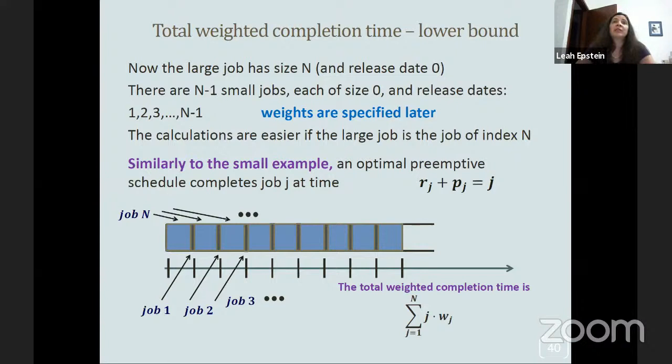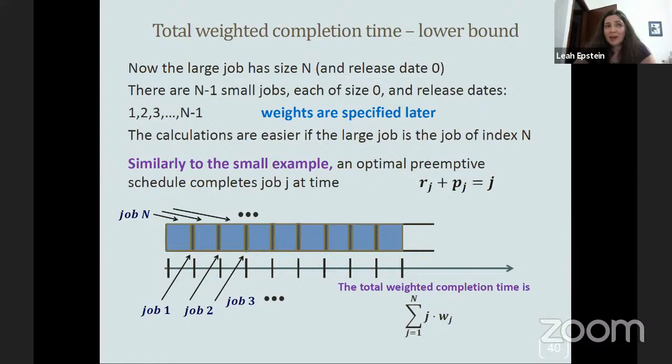So it is released at time 0, but there are many small jobs that annoy it. They keep appearing at integer times. So there is one released at time 1, one released at time 2, and so on. It is convenient with the indexes that the large one is job n and not job 1. So what can you do? If you are preemptive, this is once again very easy.